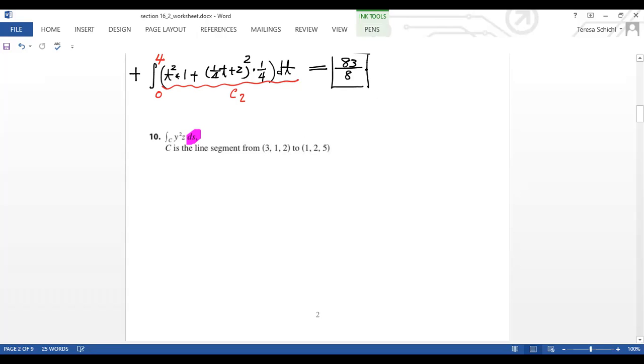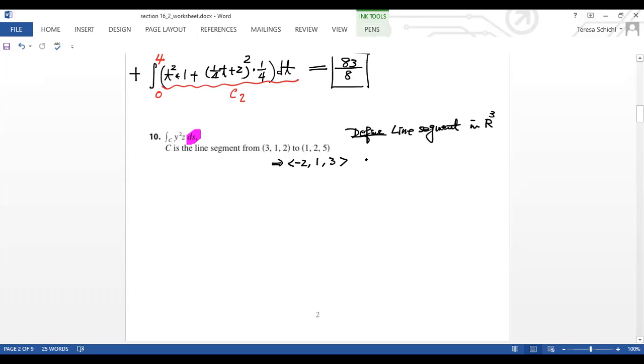So first, I need to define the line segment in R3. So back to what we learned previously. The directional vector for this line segment will be what? Will be 1 minus 3, negative 2, 1, and 3, right?